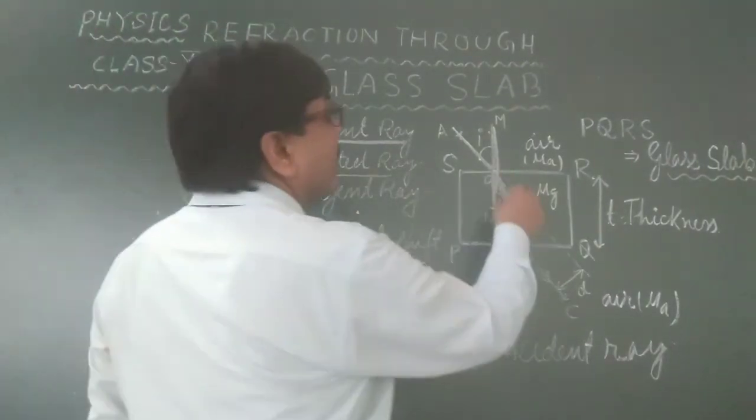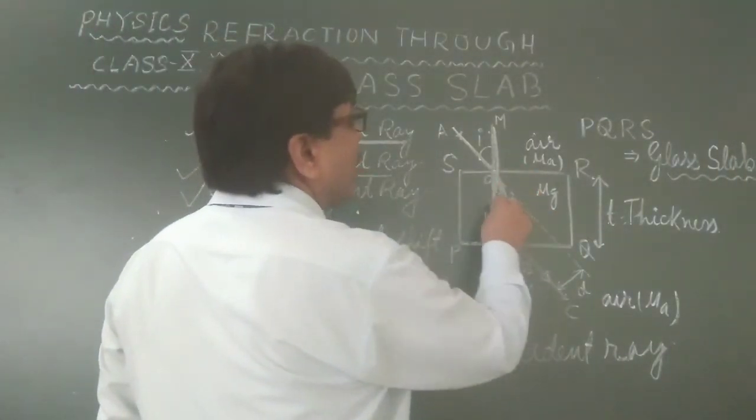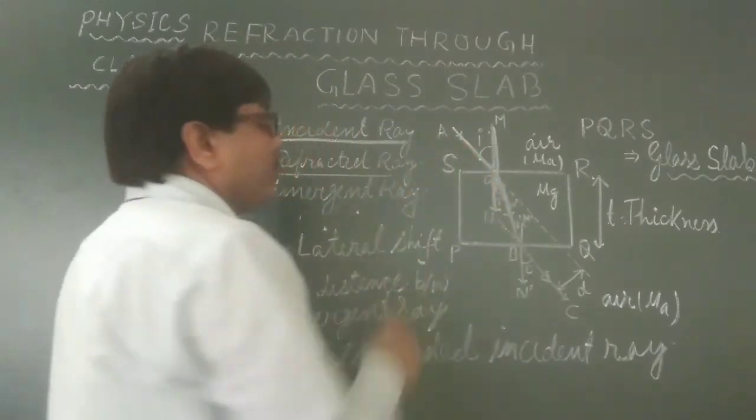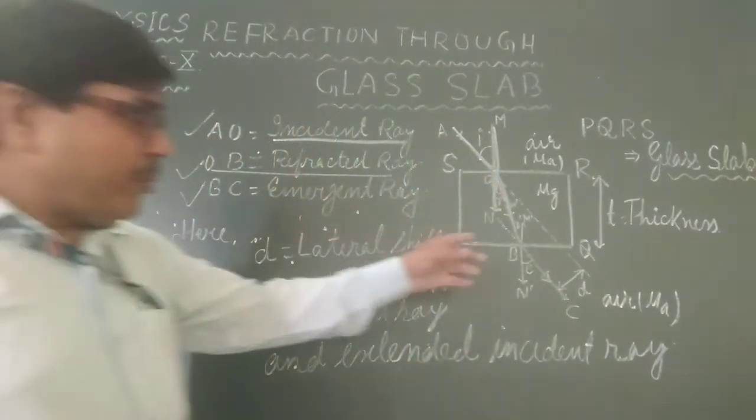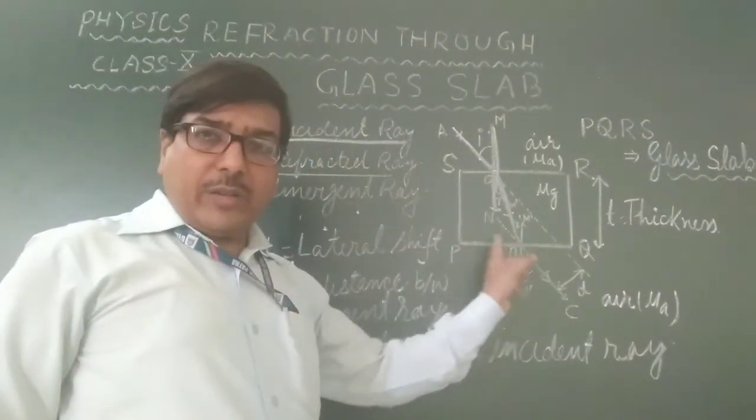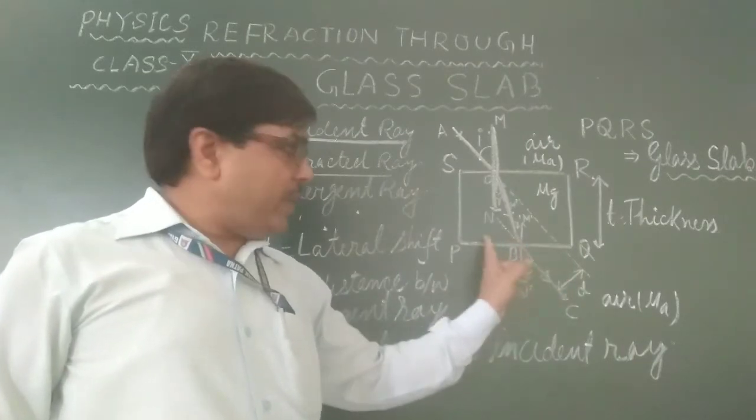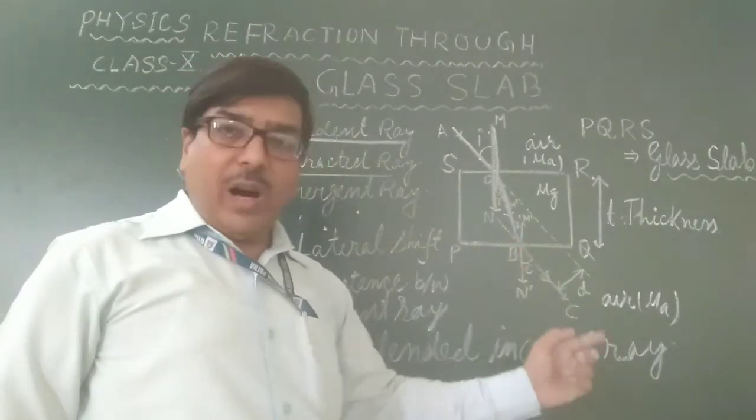Now the light ray bends toward the normal. From the second surface, the second edge, it again comes out.